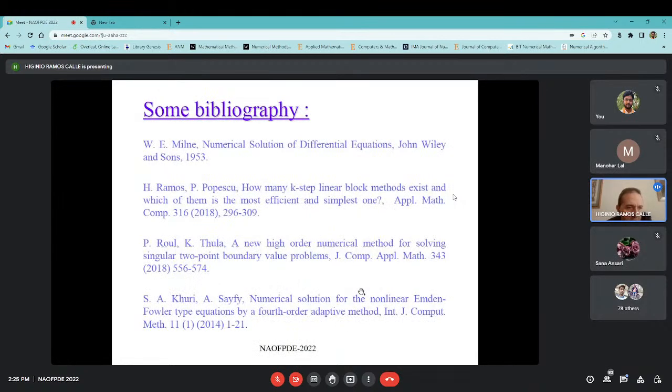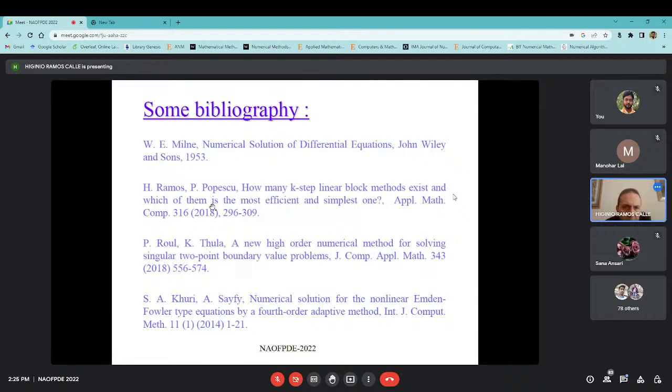Okay, finally, this is a list of some articles related with this presentation. This is the first work by Milne, where the block methods appear for the first time.